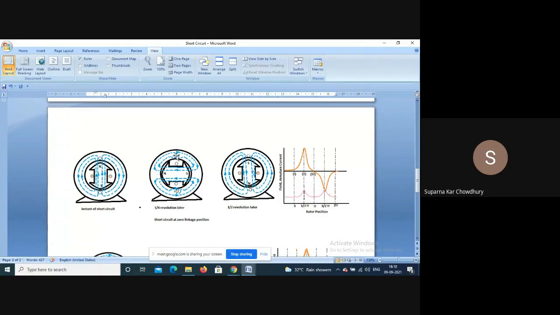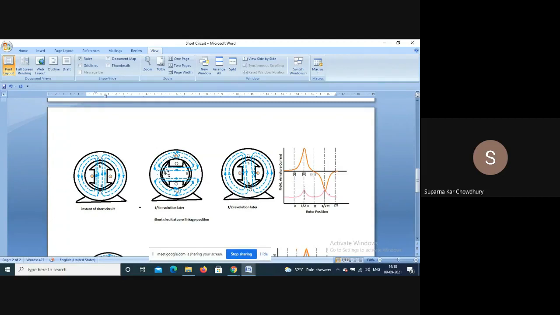So current will flow in this armature conductor such that it keeps the linkage of this conductor zero. The main flux created is in this direction, so the current should be such that it creates a field in the opposite direction, so that in the immediate vicinity of the conductor, the flux linkage is zero.